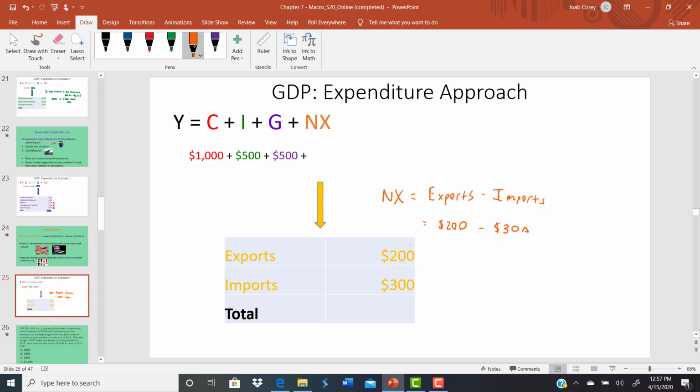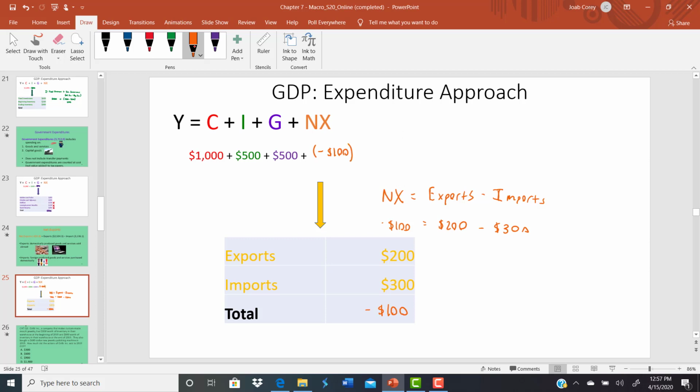That's going to give you a negative 100. So that negative 100 is what is calculated or included into that expenditure approach for GDP. Right, so again, that negative 100 is what gets added here.